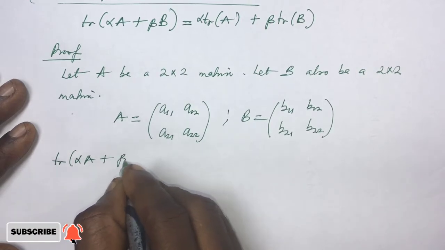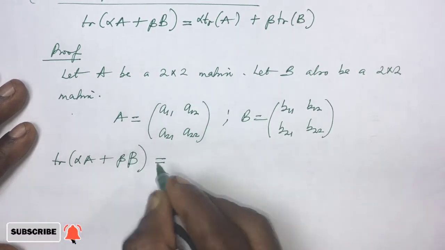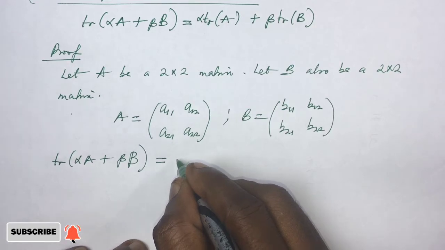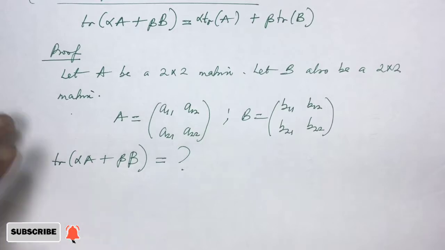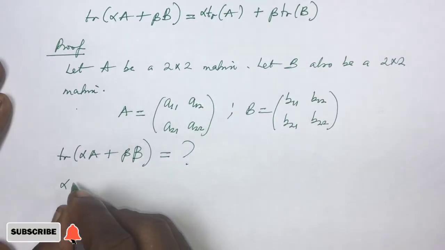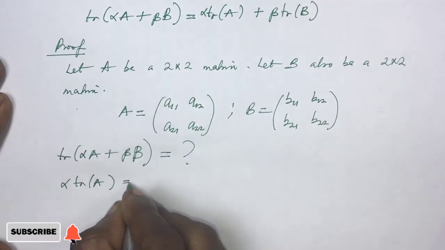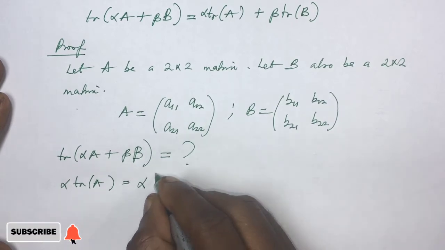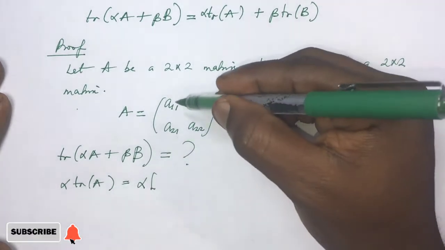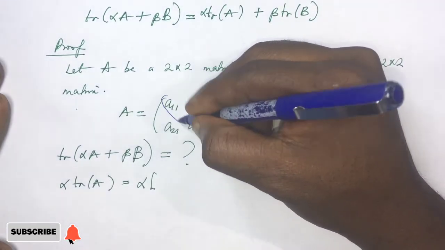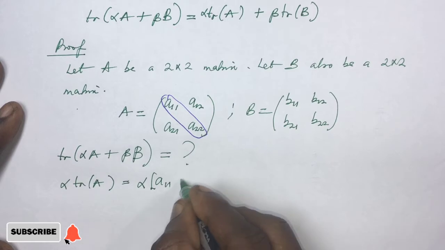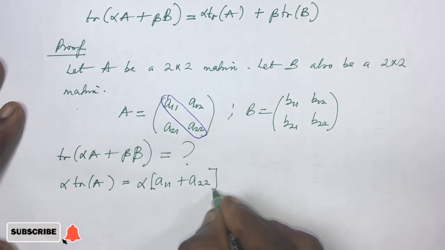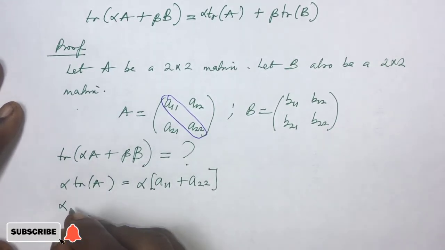The trace of alpha A plus beta B is what we want. Let's go over to alpha times the trace of A. What would the result give us? It will be alpha in bracket the trace of A, which is A11 plus A22. Then what is beta times the trace of B?